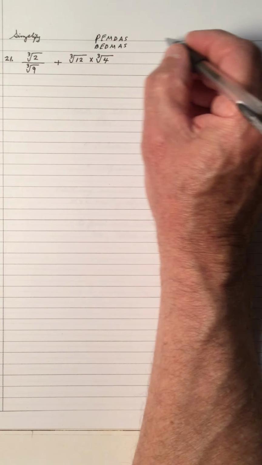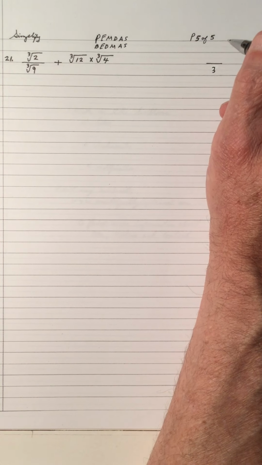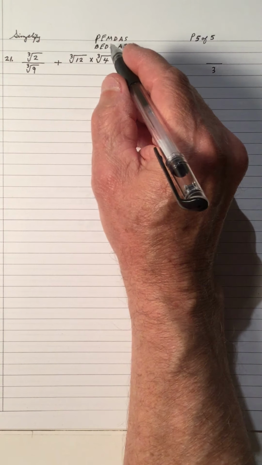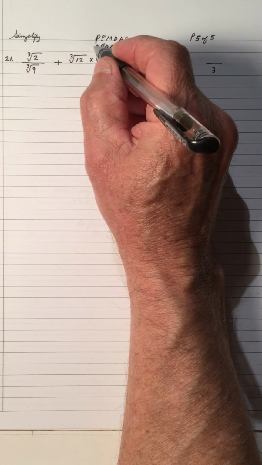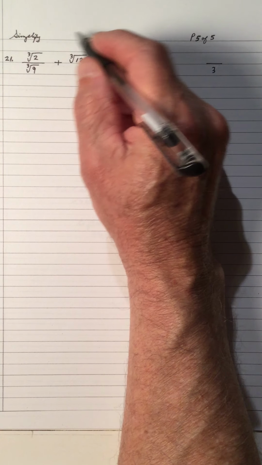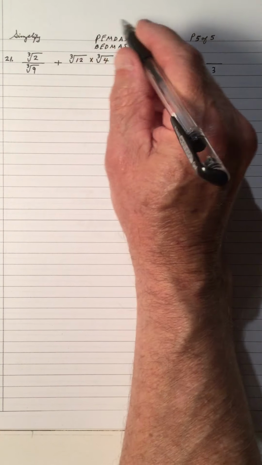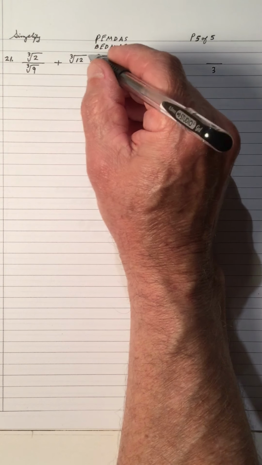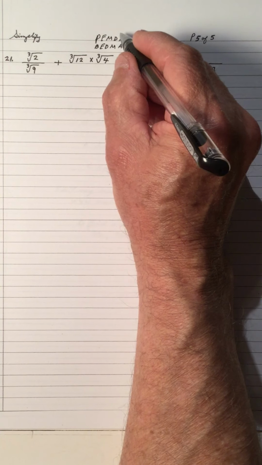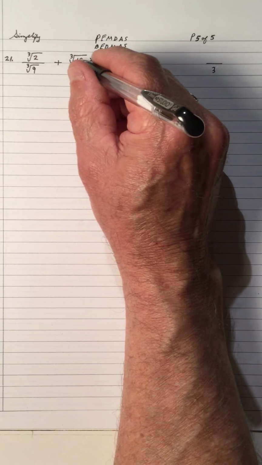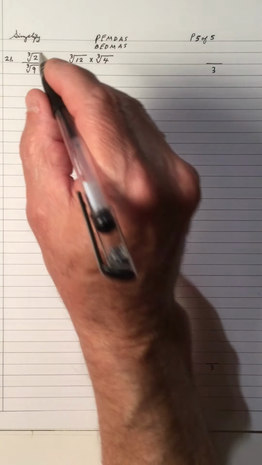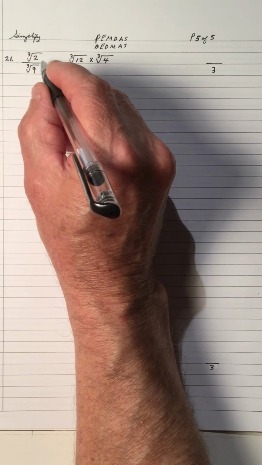I use BEDMAS. Now there are no parentheses, there are no exponents except the roots, but no powers of the 2s and 9s and 12s and 4s. So we have to divide, then multiply, and then we add. So let's simplify this one.